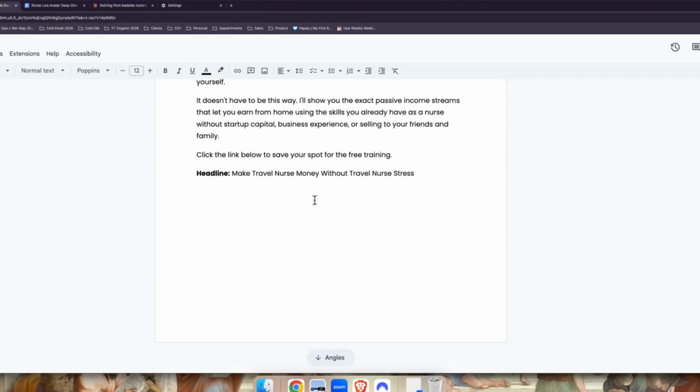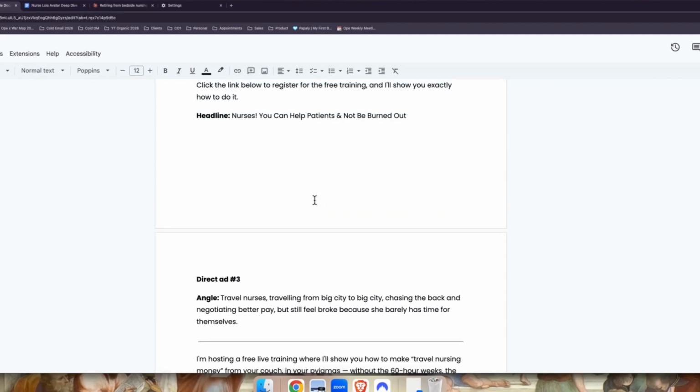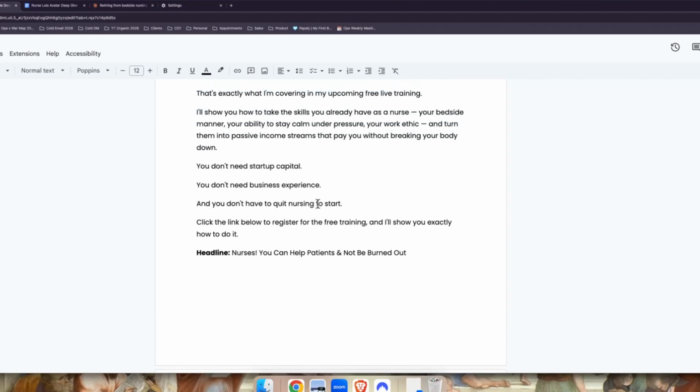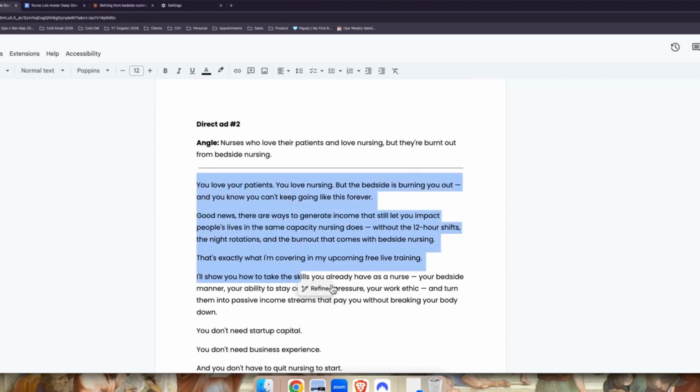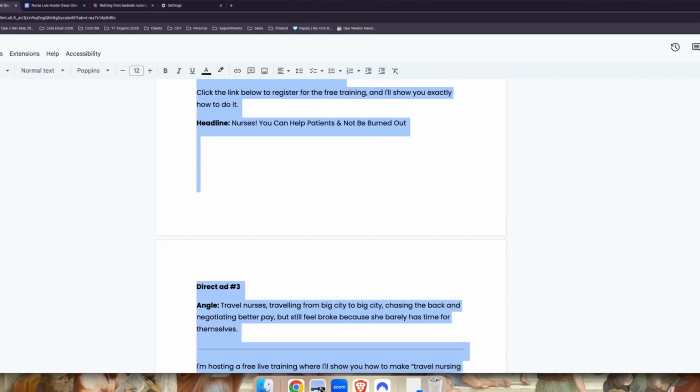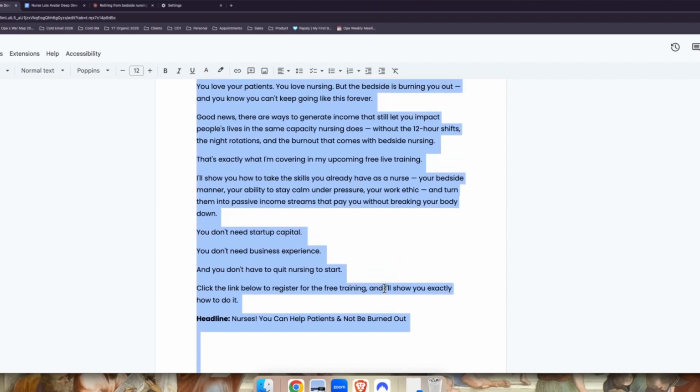Although we like to have a good variety of angles, whenever you find a direct ad that works, one way you can reuse it is to put social proof at the top and then paste the same direct ad right underneath it, so it starts with a social proof instead.